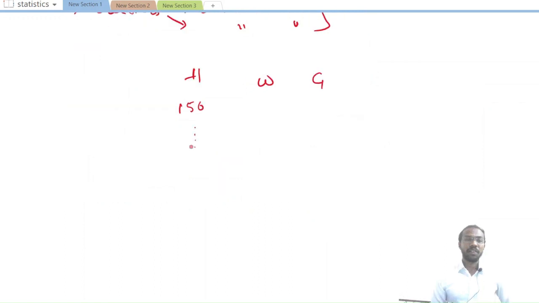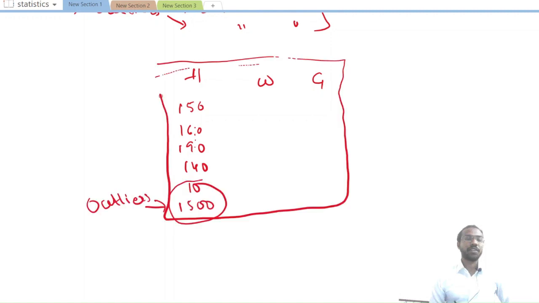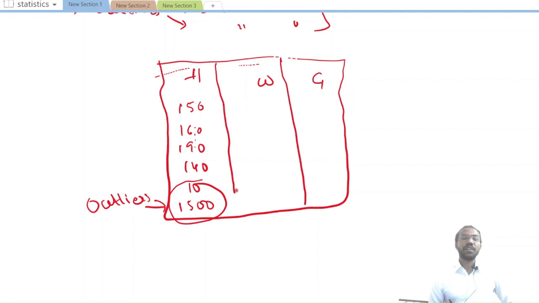Suppose our data is 160, 190, 140, and now our data also contains 10 and 1500 as outliers. These are the outliers, extremely high and low values. How can you decide they are extreme? By seeing our data, we can say this is a high value and this is a low value, and the difference between our data and these values is large. So that's why we treat them as outliers.